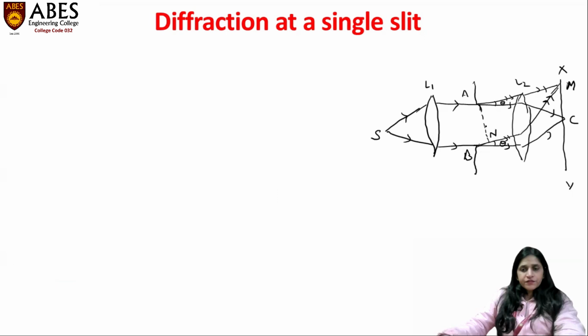Now from the geometry, for calculating intensity at M, we have drawn a perpendicular. So what will be the path difference from the geometry?